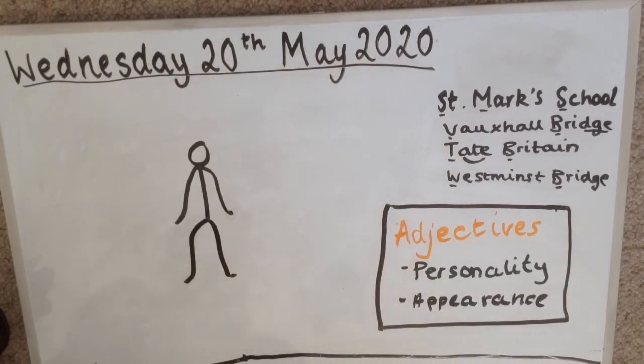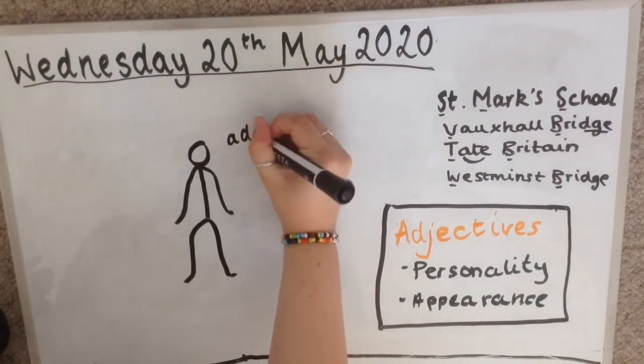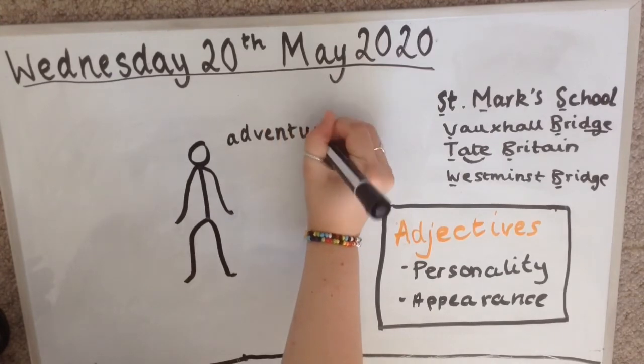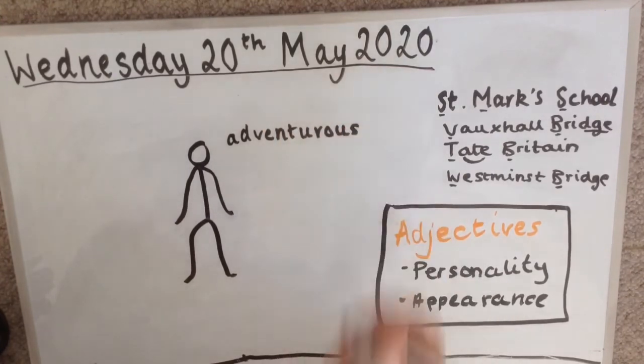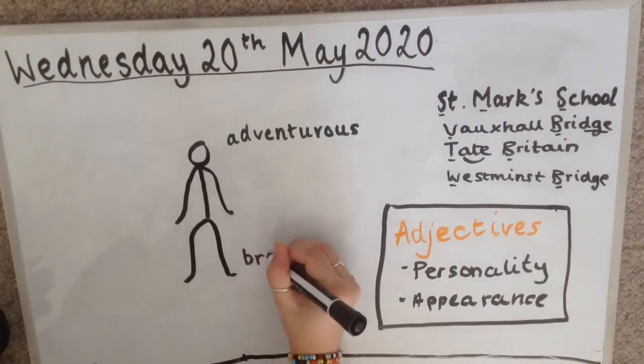Now straight away, I already know that I want to describe my character as adventurous, because they are going on an adventure after all. Okay, so adventurous. After that, because they're going on an adventure, and because I've decided that I want my character to be by themselves, they're not going to be with a friend or someone from their family, I think I'm going to say that my character actually has to be quite brave.